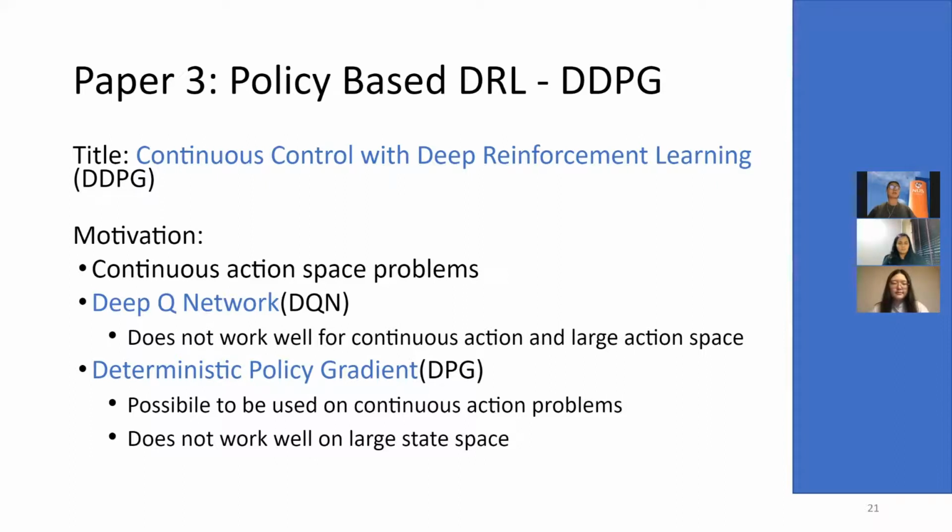However, the DQN does not work well for continuous action and large action space because it requires continuous action to be discretized. The higher the precision, the larger the action space.